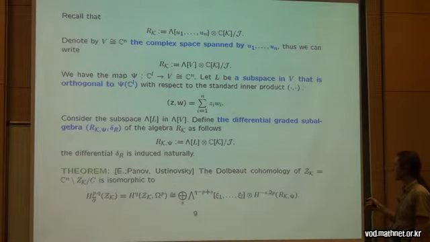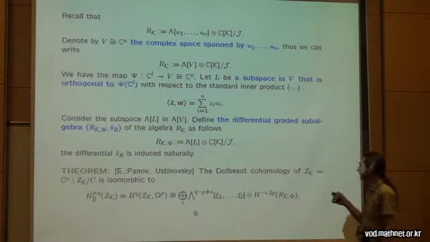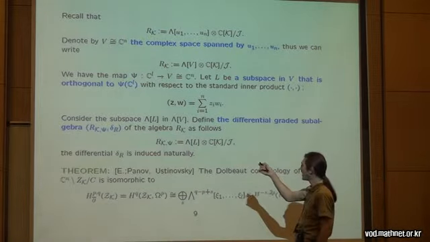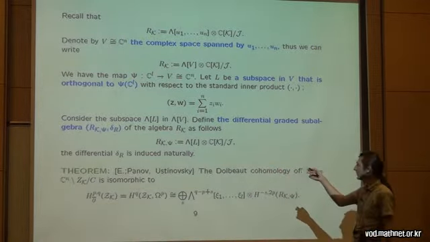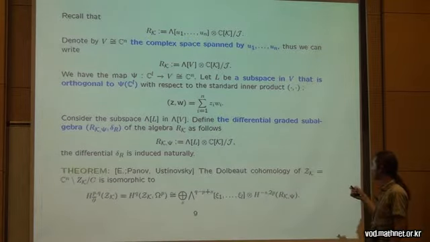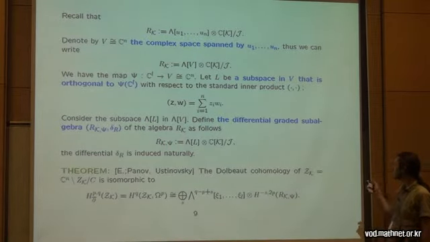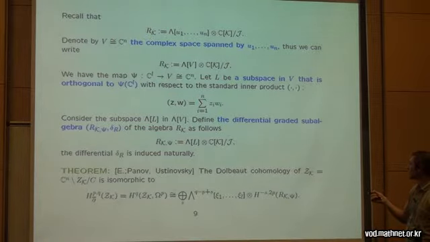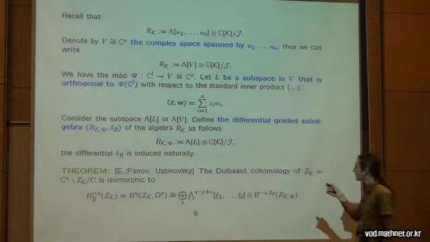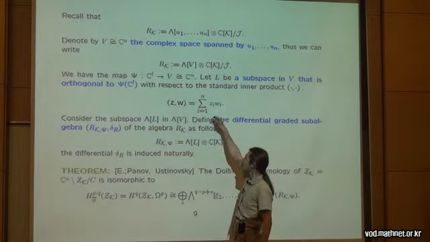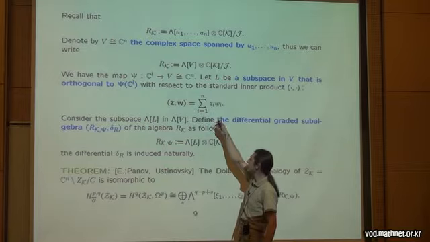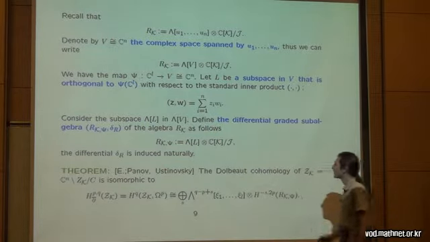Okay, and we have the map psi from C^l to C^n, and let L be a subspace in V that is orthogonal to the image of psi(C^l) with respect to the standard inner product. Okay, it is not a Hermitian inner product, it is without conjugation. It's the usual inner product.